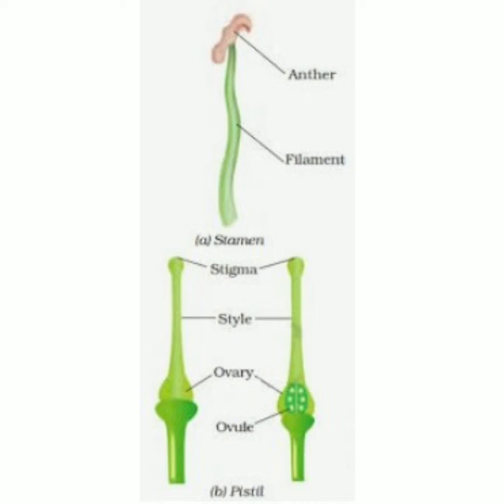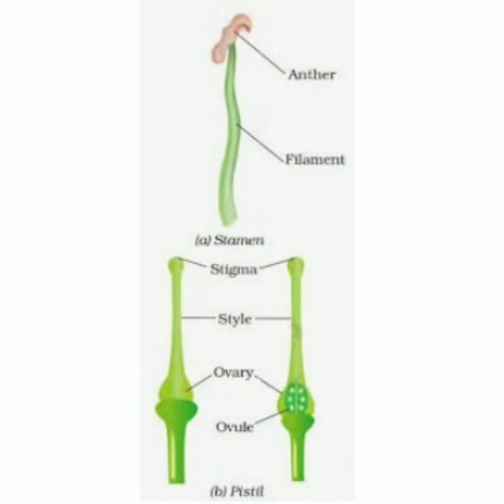What is bisexual flowers? Flowers which contain both stamens and pistil are called bisexual flowers. Bi means two. Flowers which contain both male and female reproductive organs are called bisexual flowers.